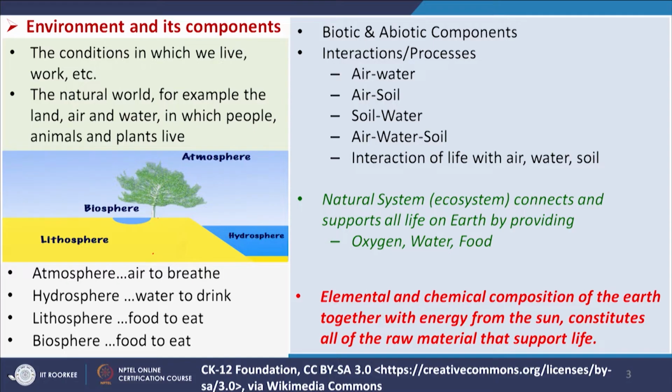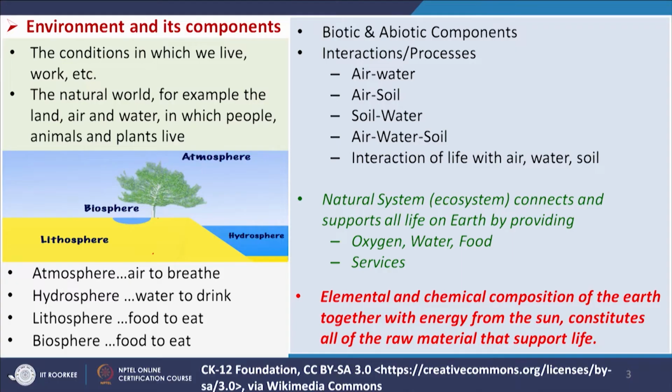These abiotic and biotic components of the environment have some interrelation, like air-water, air-soil, soil-water, air-water-soil, or interactions with the biotic and abiotic components also. And we know that this natural system or ecosystem connects and supports all life on earth by providing oxygen, water, food and services.